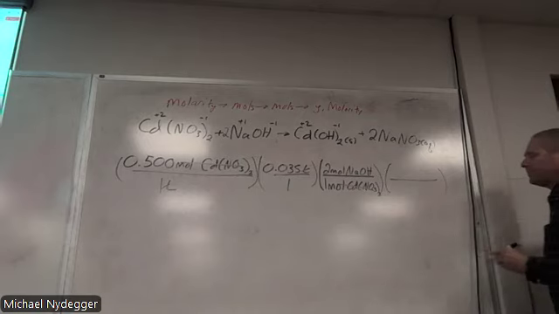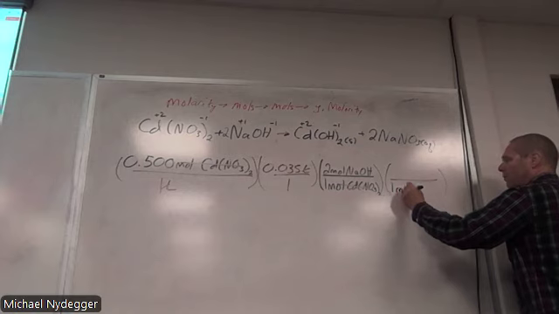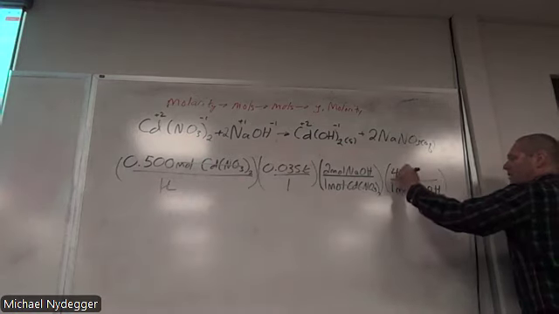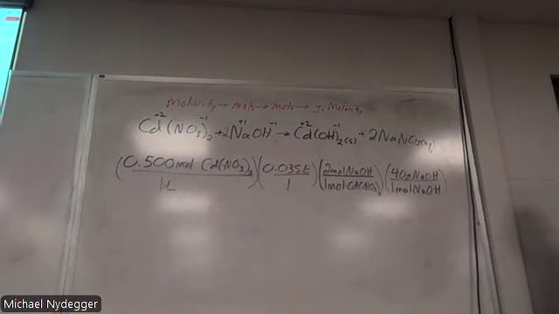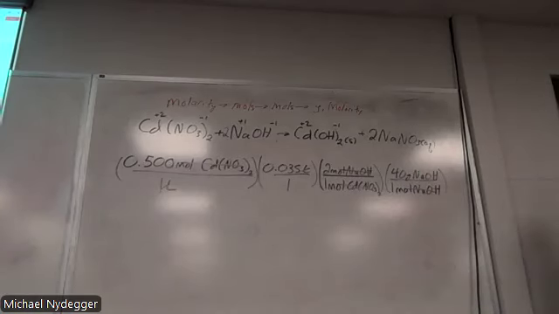And now, from the periodic table, we know for every 1 mole of sodium hydroxide, that's going to be 40 grams of sodium hydroxide. And our moles of sodium hydroxide cancel out. Makes sense?